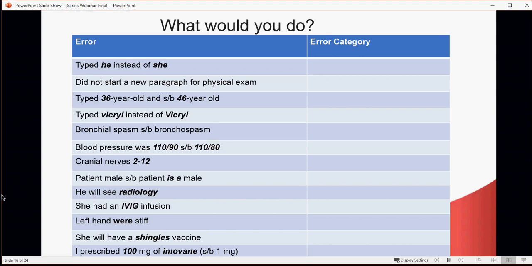We typed Vicryl with a lowercase v instead of Vicryl with a capital V. If that's an error, what type of an error is that? You typed bronchospasm, and it should be bronchospasm. Bronchospasm was clearly dictated. Critical, major, no point value, what do you think?